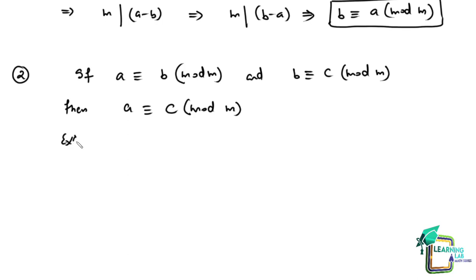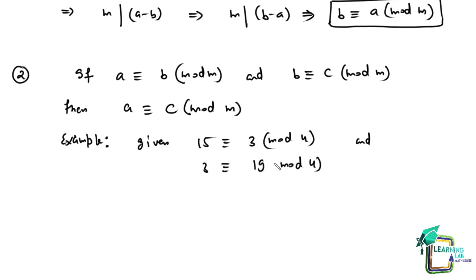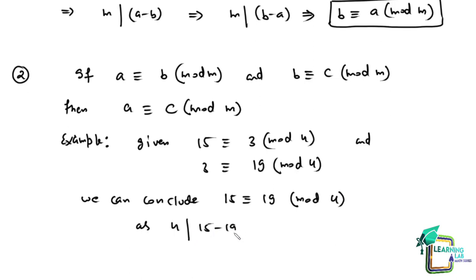For example, given 15 is congruent to 3 mod 4 and 3 is congruent to 19 mod 4, we can conclude 15 is also congruent to 19 mod 4, as 4 divides 15 minus 19, right? So this is our second property.